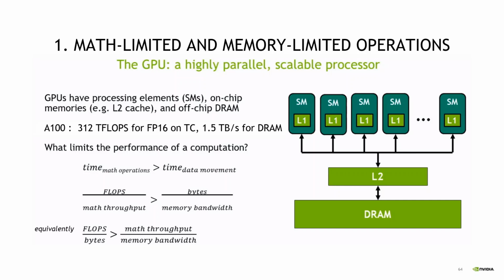And we compare that with the bytes that we will read and write for that computation, divided by memory bandwidth. Equivalently, we can rearrange the same inequality to get an ops to byte ratio, and we will get GPU constants on the right side and parameters of our layer on the left. And we can compute how good our layer is for TensorCores and how varying parameters like batch size may affect performance.